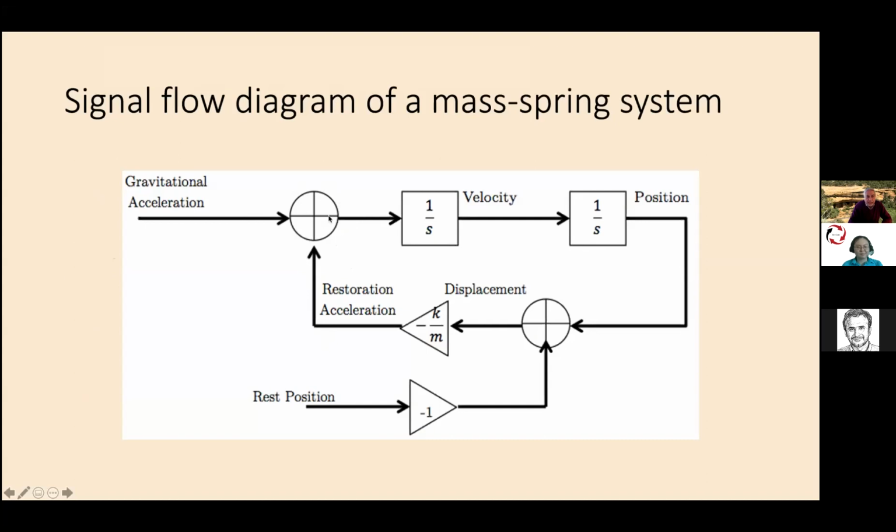And that signal drives a process, a computation, which gives us velocity. And the velocity drives another system that gives us position. And position, when compared with the rest position, again creates another signal, which can be amplified. This signal is, by the way, displacement, and that creates a restoration process.